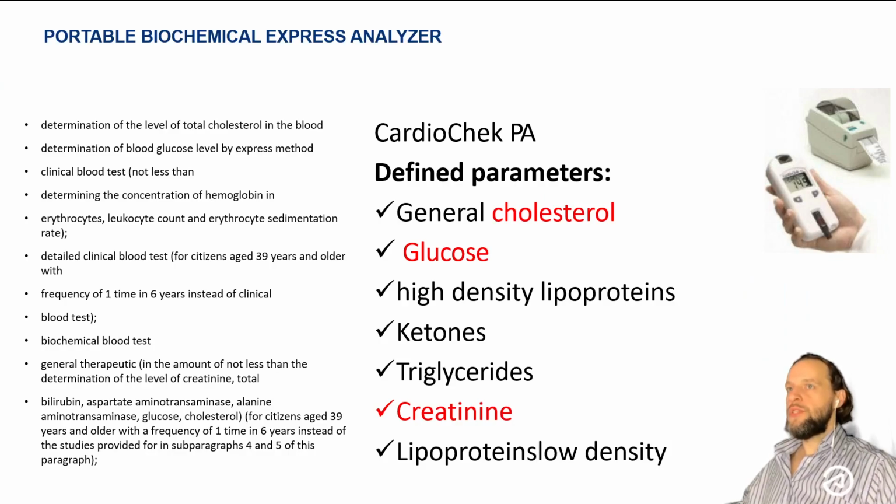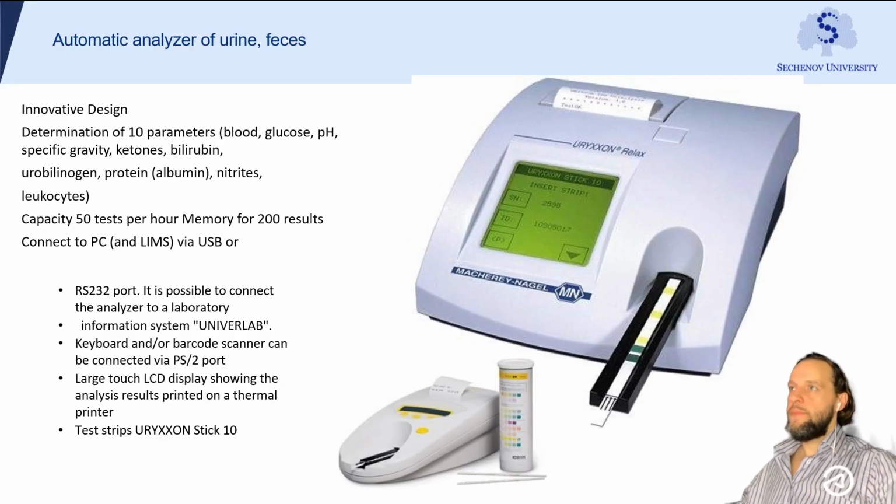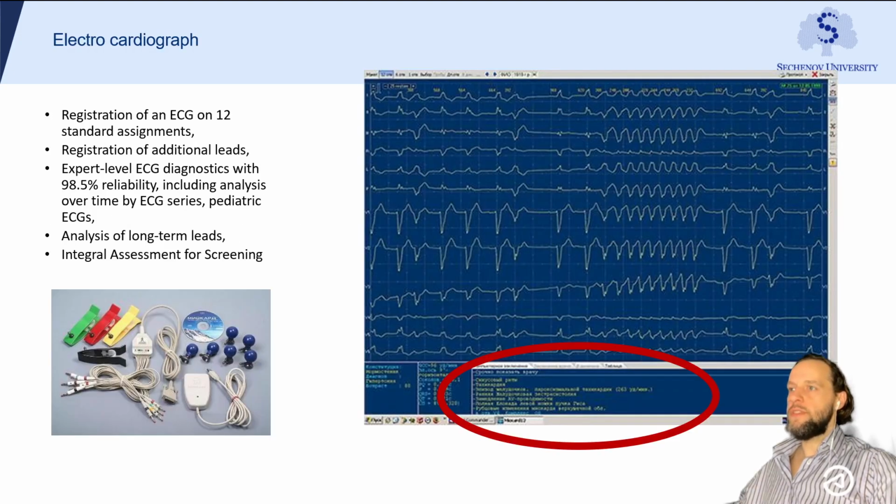It could be used to check cholesterol, glucose, lipoproteins, ketones, creatine, and other blood tests. This device, for example, could be connected with a personal computer and laboratory information management systems with different ports and send data. It's a more stationary realization of this device.